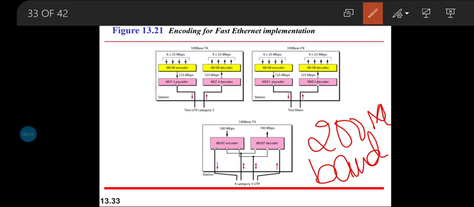When I say 200 mega baud, it basically refers to the symbol rate, the speed with which the symbols can get transmitted from one station to another station. That is measured as baud. So it is making use of 200 mega baud bandwidth for a data rate of 100 megabits per second.